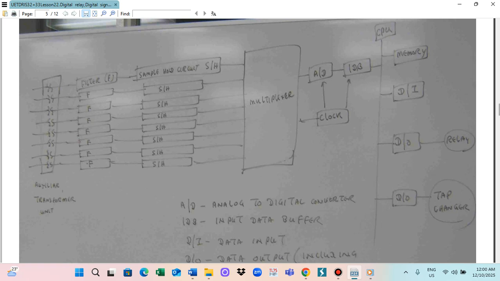Because of this, we also need to utilize the data input. Data input can be the keyboard and mouse, and in the industrial system it can be another transducer and sensor. We can put those in, and then this data input here also goes to the data output.